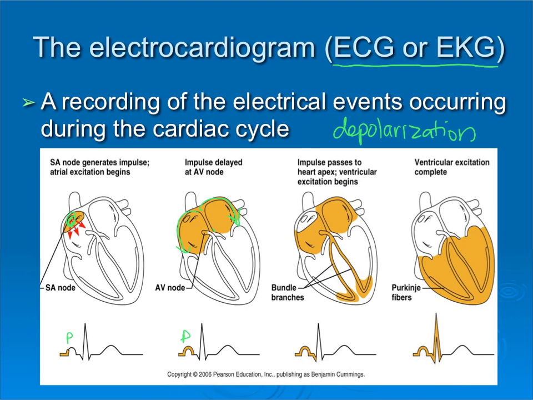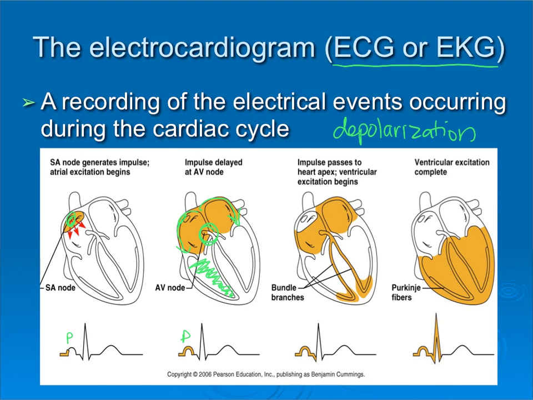Now we see a delay at the AV node. Why do we have a delay? Again, the depolarization is going to cause contraction. Well, the contraction of the atria is going to fill the ventricles with blood. So we want to make sure that the ventricles have time to adequately fill with blood after atrial contraction before we try to make the ventricles contract.